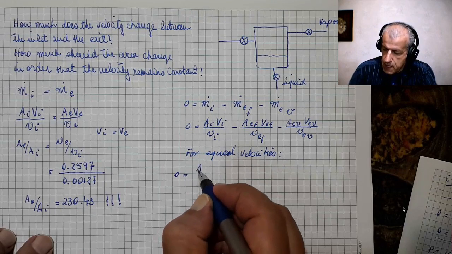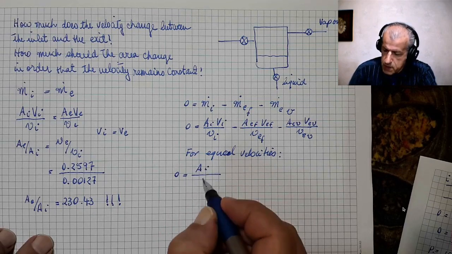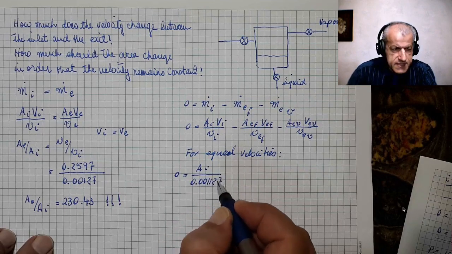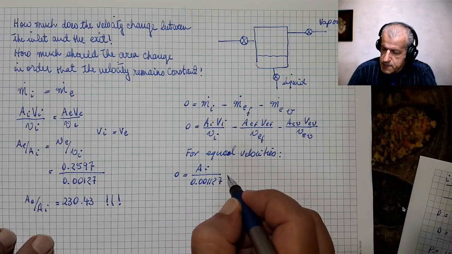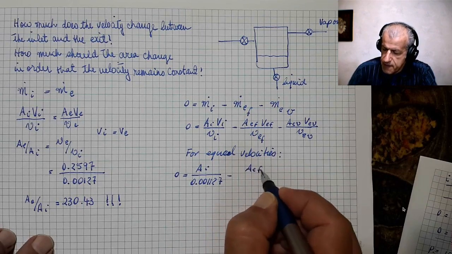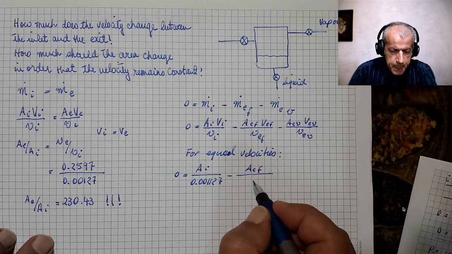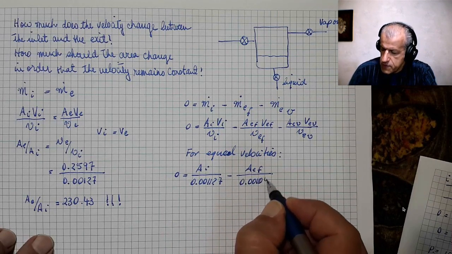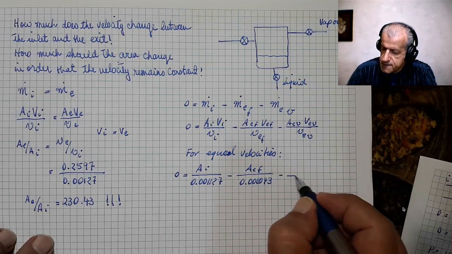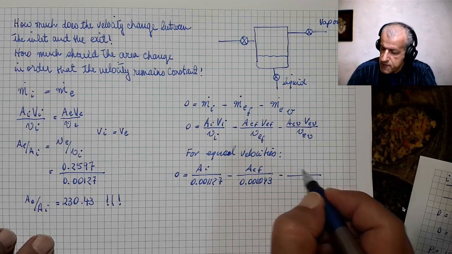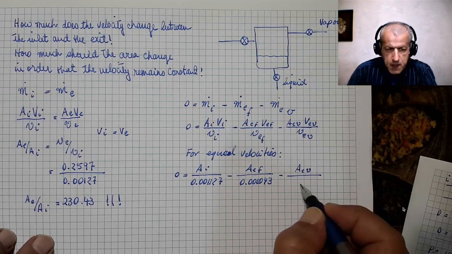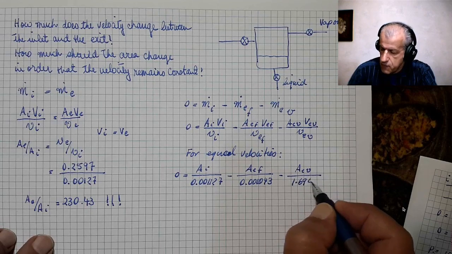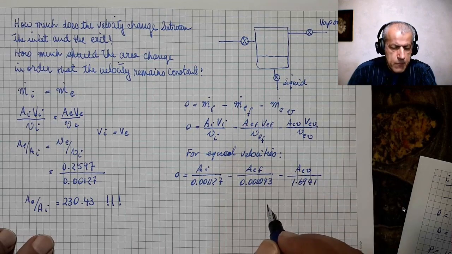This would be AI divided by 0.001127 minus AEF divided by 0.001043 minus AEB, and that's divided by 1.6941.